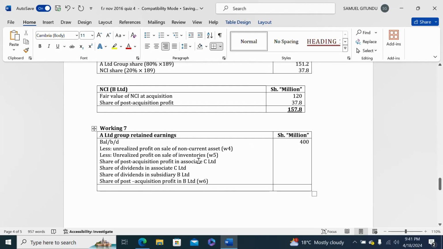We less the unrealized profit on sale of non-current asset in our working note number 4, which we got 30 million. And then we raise the unrealized profit on sale of inventory, working 5. This is the parent share, which we got 20 million.